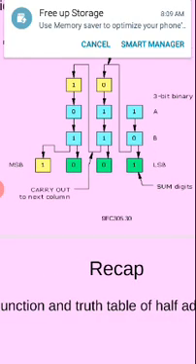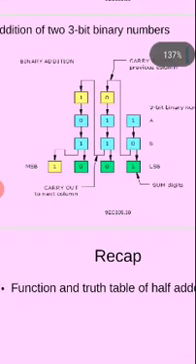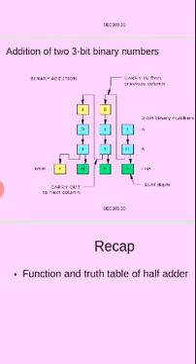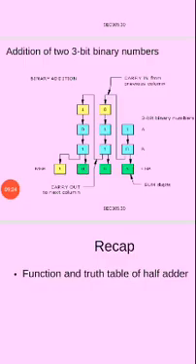Here it is represented: some digits, carry out to next column, and LSB, MSB all are represented here. What is this? Addition of two 3-bit binary numbers. So we got an idea how to add these numbers, means from one stage to the next stage carry will be forwarded. If carry is nothing, 0 will be forwarded. If carry 1 is there, 1 is forwarded.